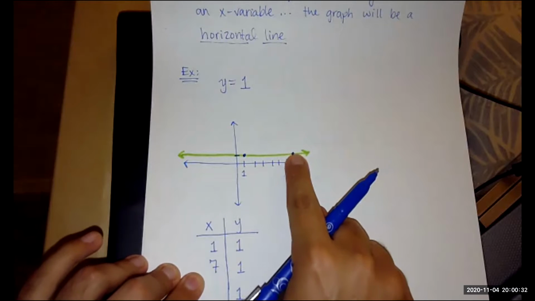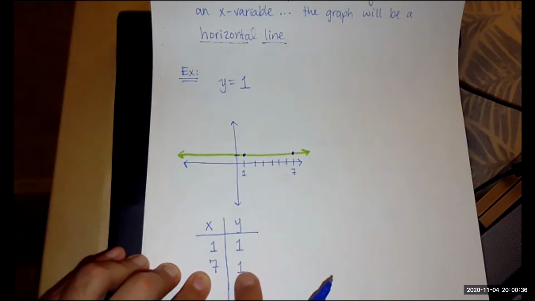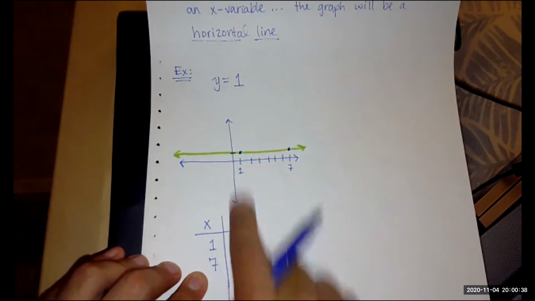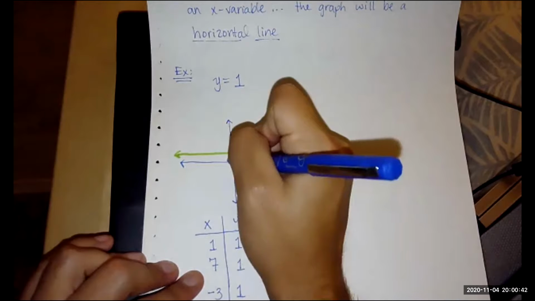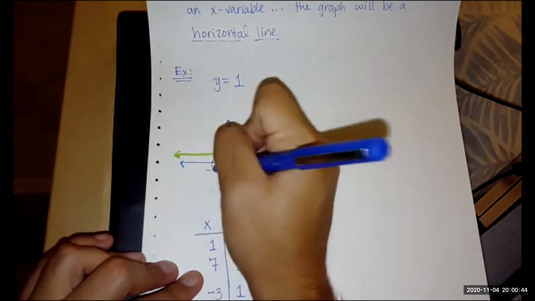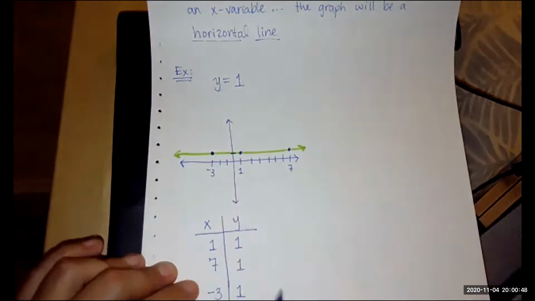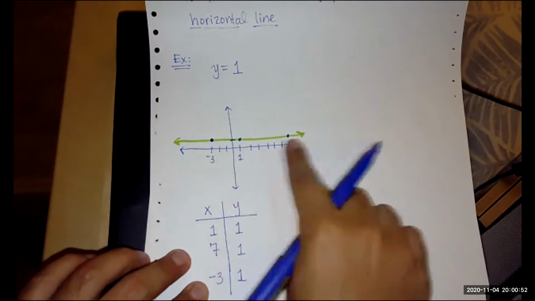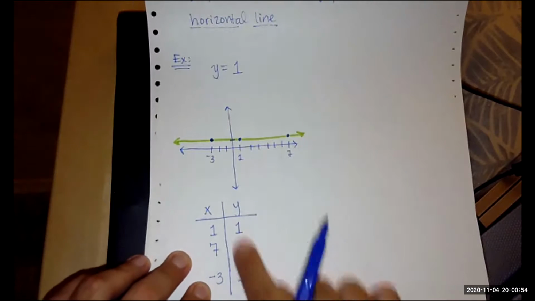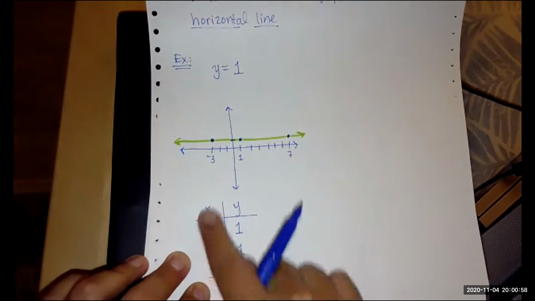If I go up only 1, then I'm still on the line, as long as the y value is 1. And I can even go back to -3 if I wanted to. So -1, -2, -3. And if I go up 1, I'm still on that horizontal line. So this ordered pair satisfies the equation also, because the equation is only telling you that y has to be 1, but x can be whatever.